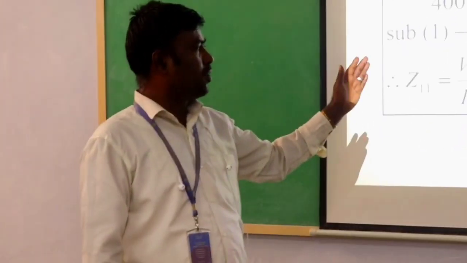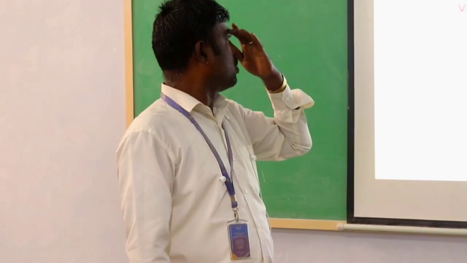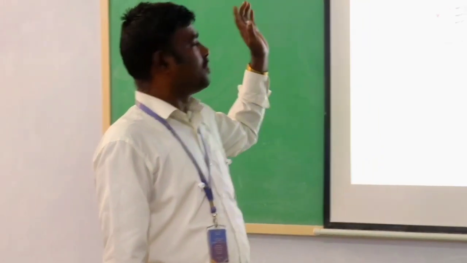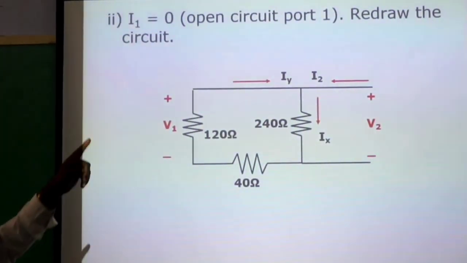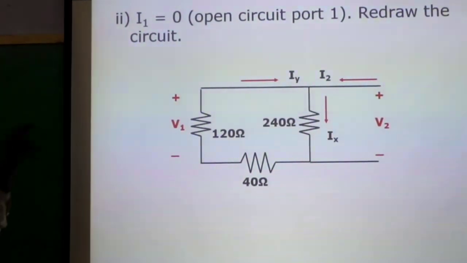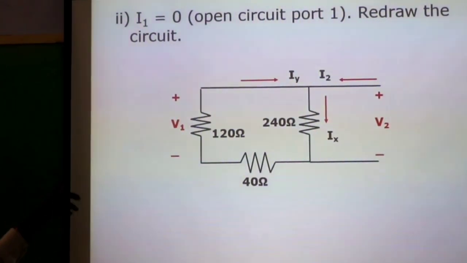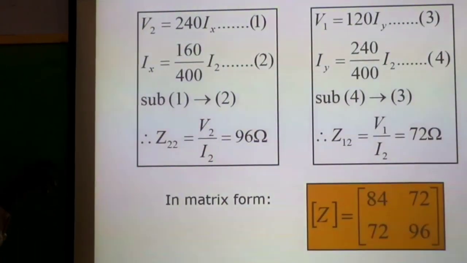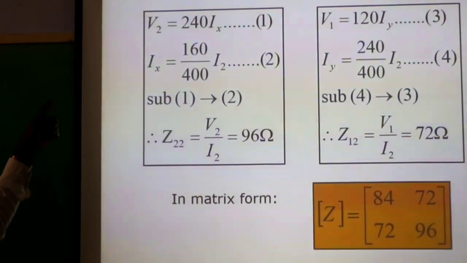Similarly, Z21 equals 72 ohms. Next, the input port is open, so I1 equal to 0, and we redraw the circuit. I2 is open. Redrawing the circuit, we get 120, 240, 40. Next. Here the total resistance equals 400, so we will get 160.